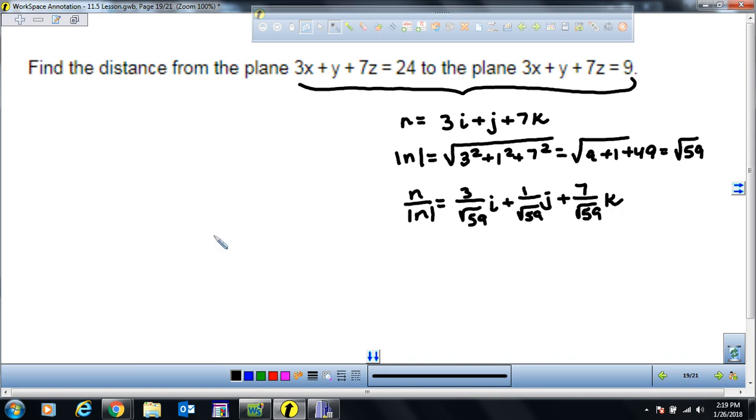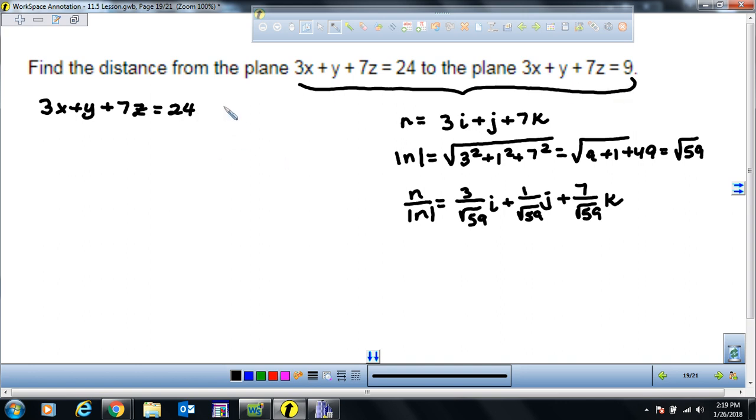Now, we need one point on this plane and one point on the other plane so we can find the distance from one plane to the other. We need to find a vector from one plane to the other. So we're going to do what we just did on the previous problem: find one of the intercepts of this plane and one of the intercepts of the other plane.